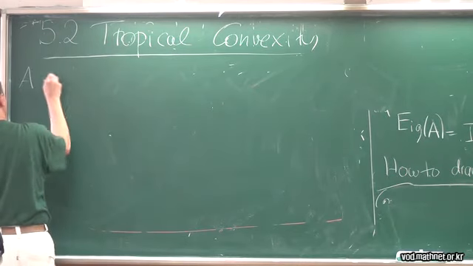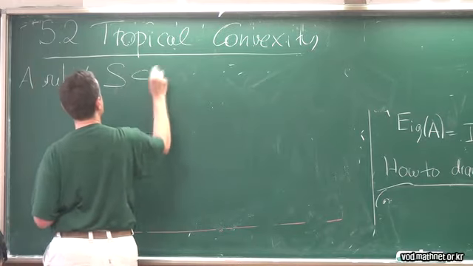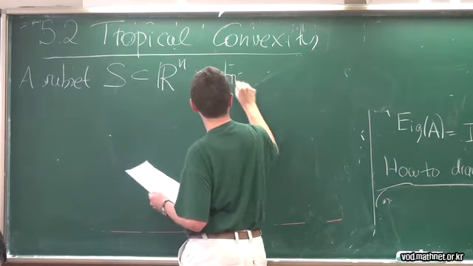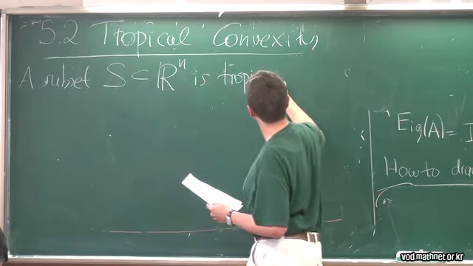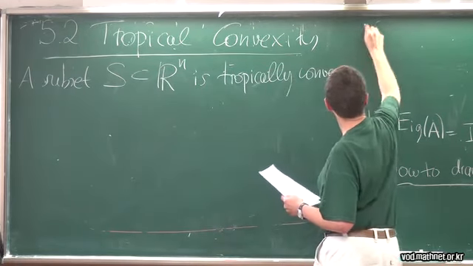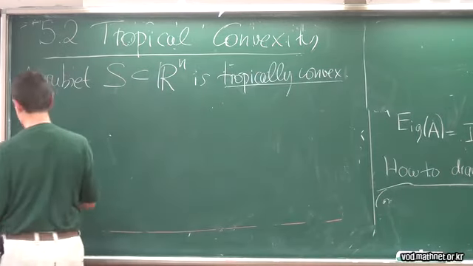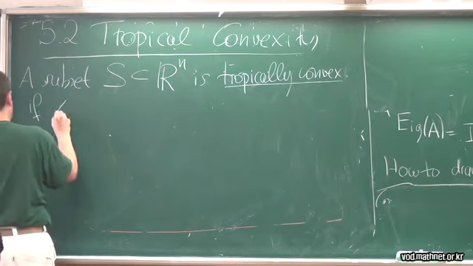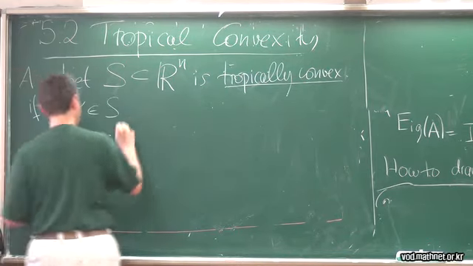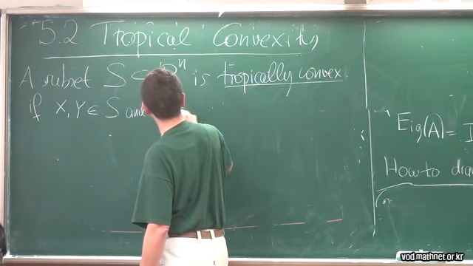Okay, so let's start afresh. A subset S in R^n is said to be tropically convex if the following holds: suppose you have 2 elements, x and y of S, and 2 scalars, a and b, let's say real numbers.